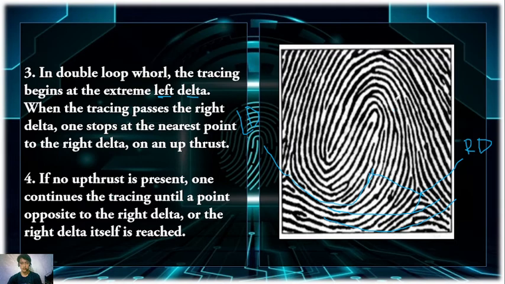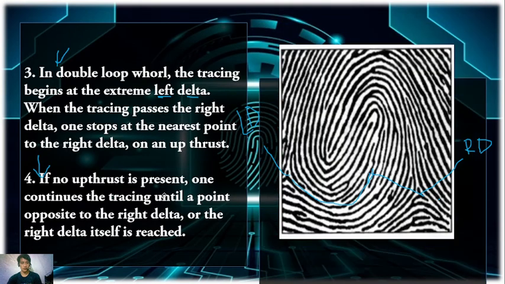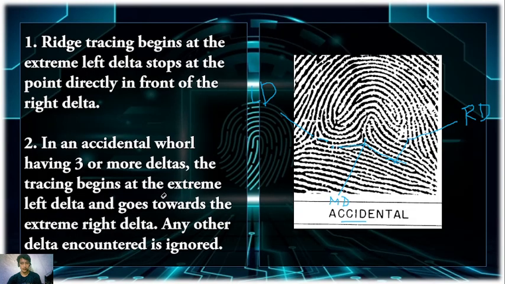But since in this pattern it has an upthrust, then we are going to follow rule number 3. Kapag wala, then we are going to follow rule number 4. So that is how we are going to perform rule number 3 and rule number 4. That is the specific rules for double loop whirl and then accidental whirl.